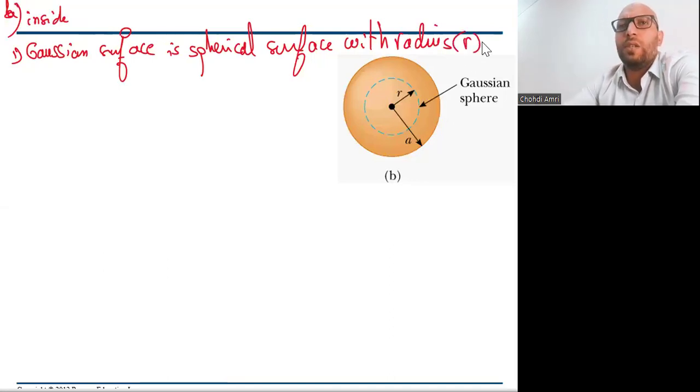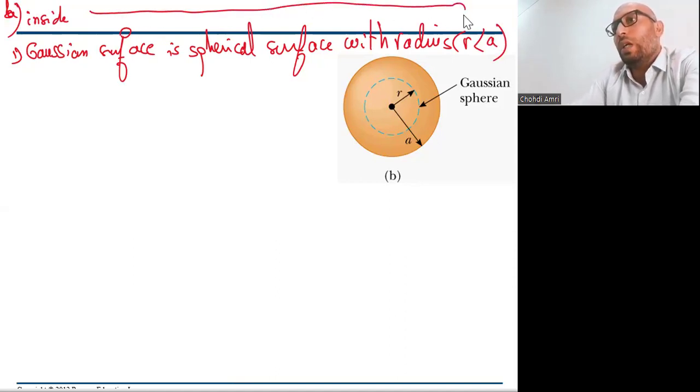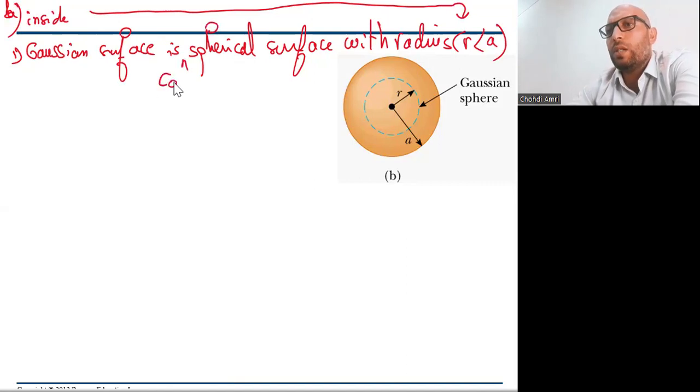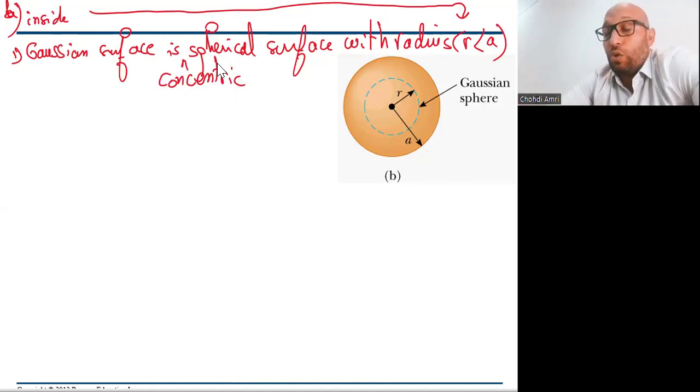And as I told you, this r is smaller than the radius of the charged sphere. Why? Because we are talking about inside the sphere, and this spherical surface should also be concentric. That means the charged sphere and the Gaussian sphere should have the same center. So we are done with the first step.